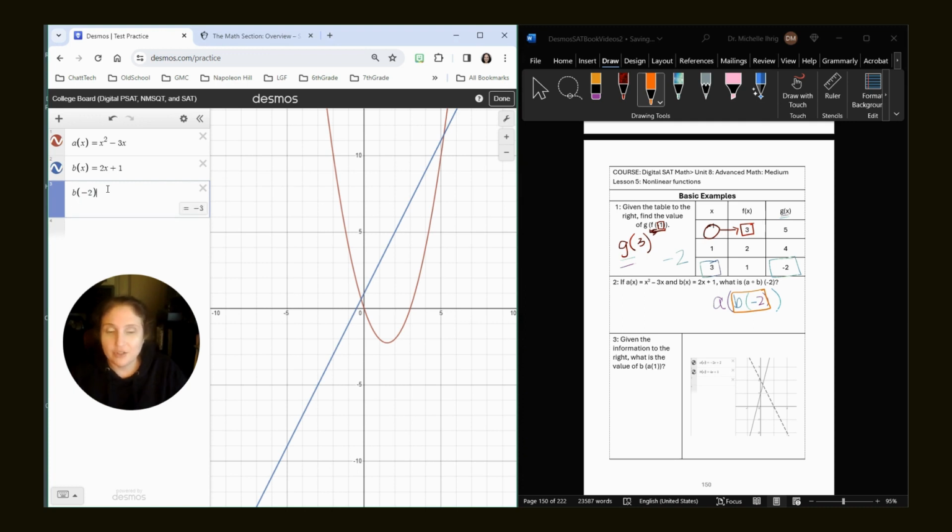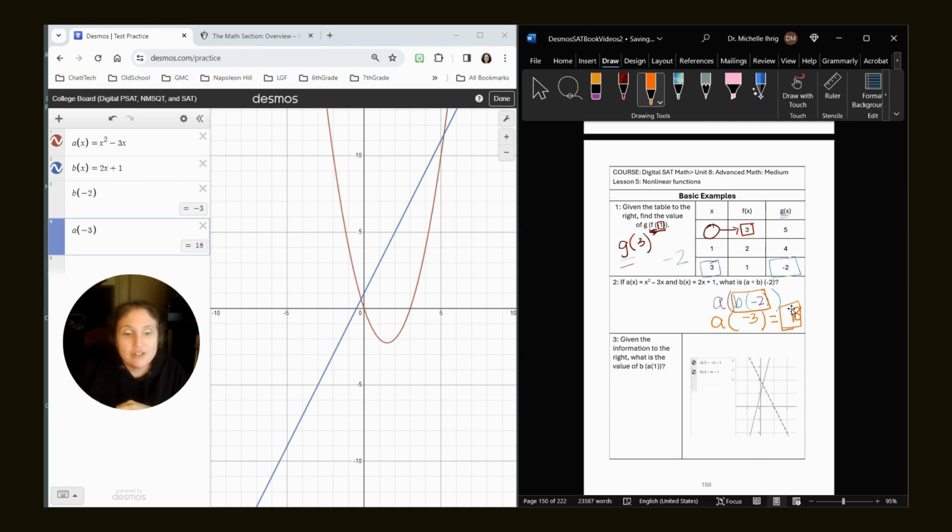B of -2 gives us -3. Now we're going to type in a of -3 to get our answer. A of -3 gives us 18, and that's it. Done. Desmos is amazing. The end.